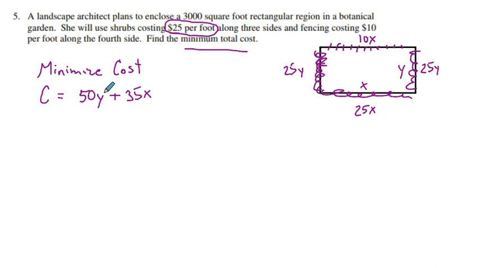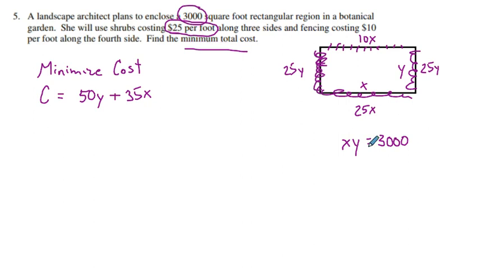All right, and once again, we have one too many variables over here. So we need to use another clue that was given, and you'll notice that we haven't used this clue yet of 3,000 square feet. And that's just going to be the area, that's x and y. So x times y equals 3,000.